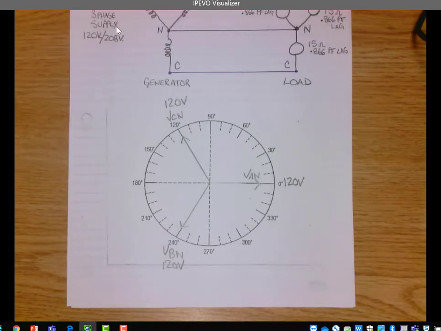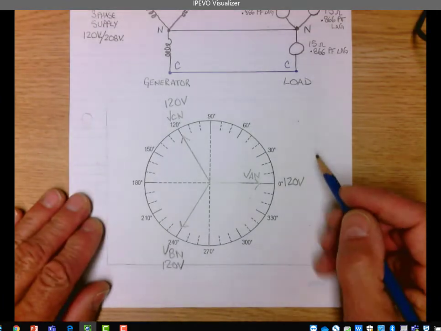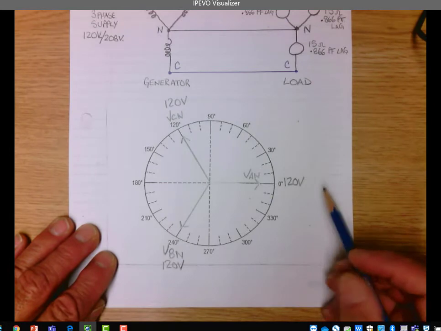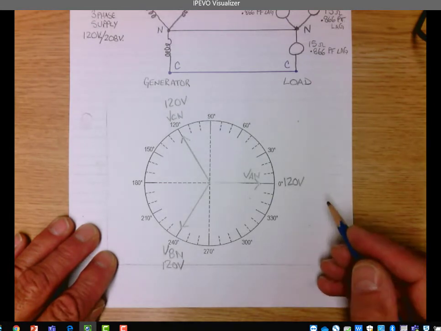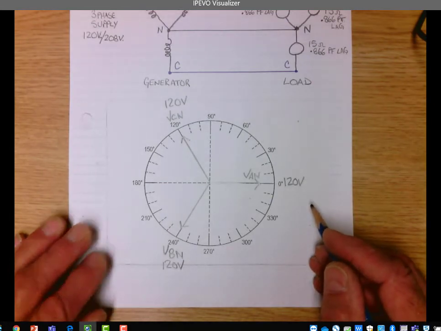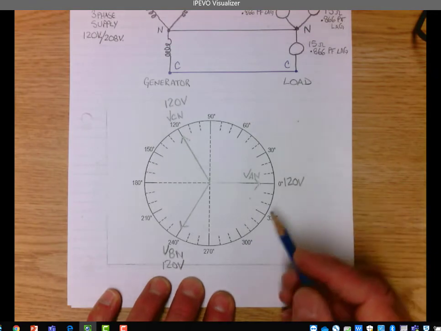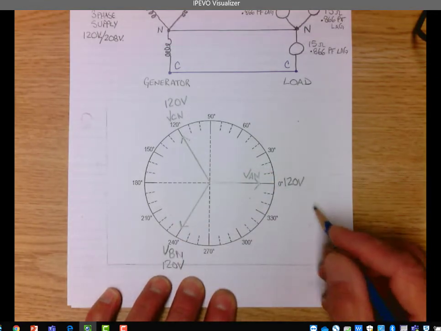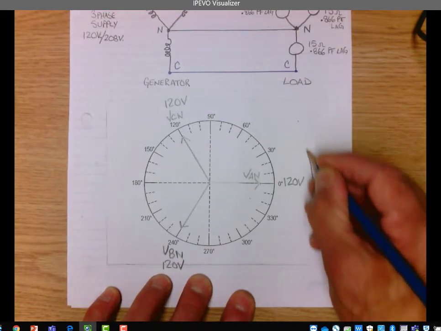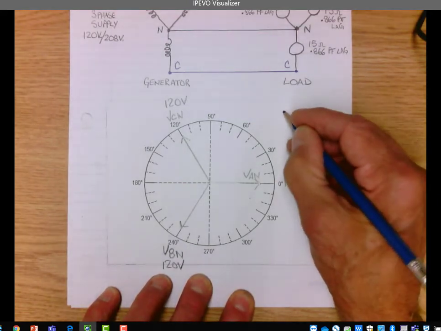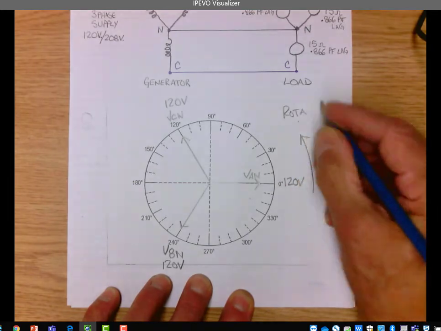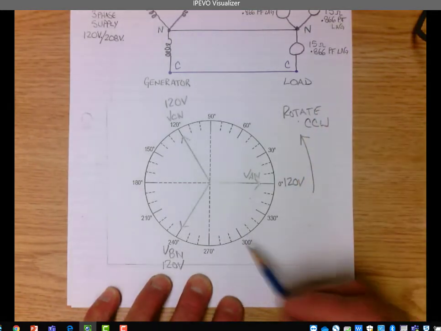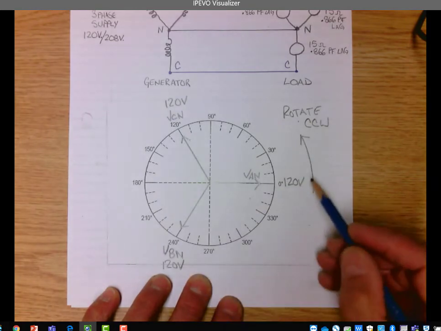The previous module talks about positive phase sequence being phase A followed by phase B followed by phase C. On a phasor diagram, we always think of our voltages rotating in a counterclockwise direction.